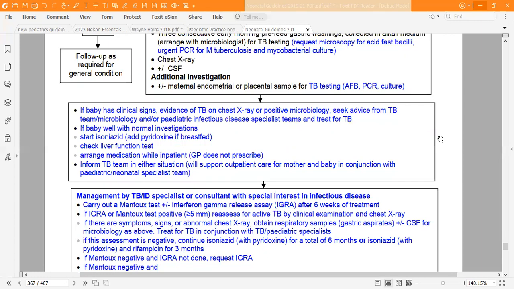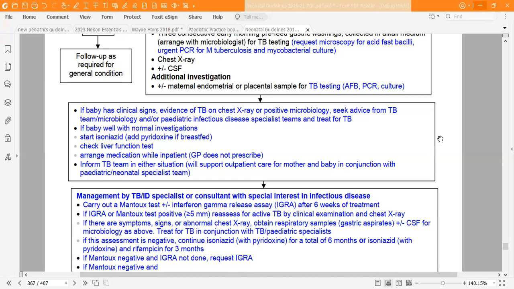So this symptomatic baby has clinical signs, has evidence of TB on the chest X-ray, or the microbiology results are positive. In this case, we have to ask advice first from the TB team, microbiology, and pediatric infectious disease as well, before starting treatment.